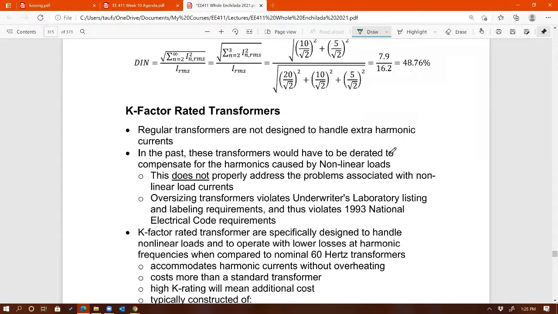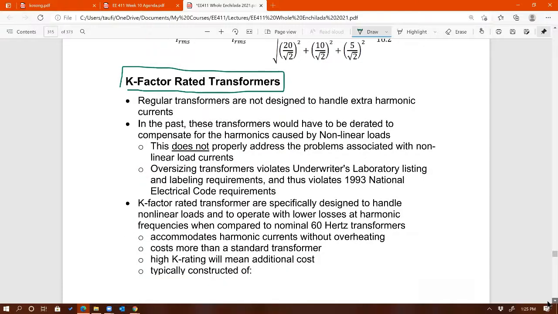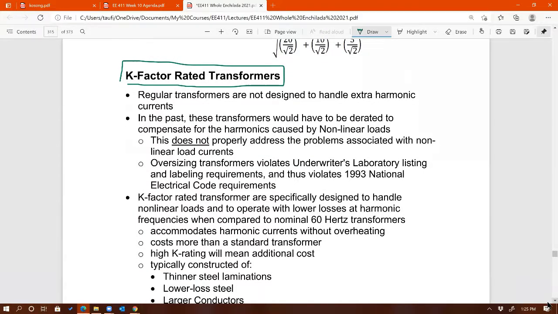In these indices, the last one is the K factor, and this is specifically used for transformers. Remember earlier that transformers are designed for 60 hertz, but if the current in the system has harmonics as well as the voltage, then you could replace the transformer with what they call K factor weighted transformers.